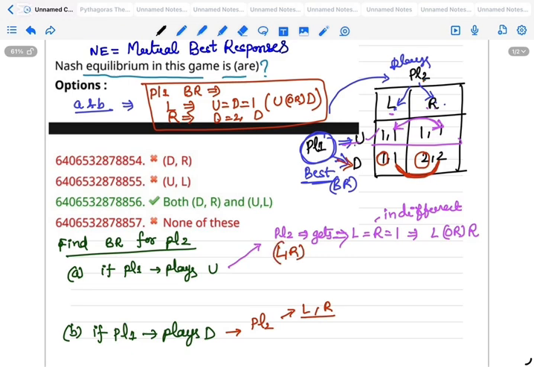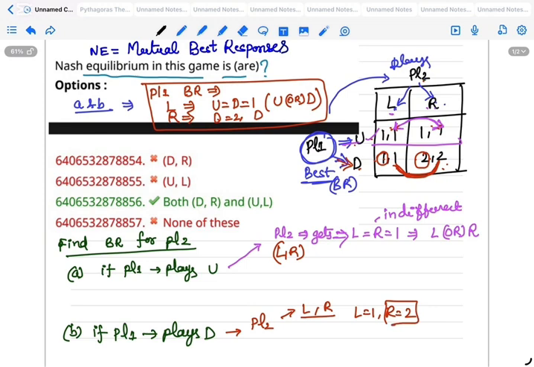If player 1 plays up, he chooses these two values, left and right. If player 1 plays down, he gets 1 and 2, that is L equals 1 and R equals 2.